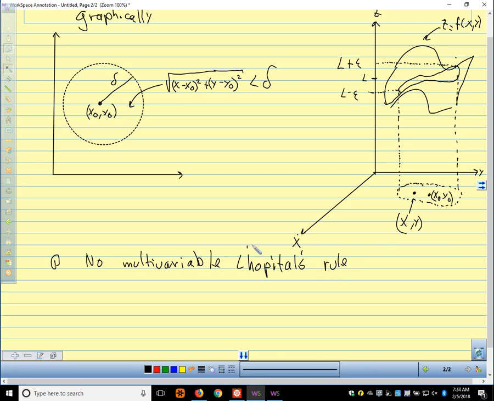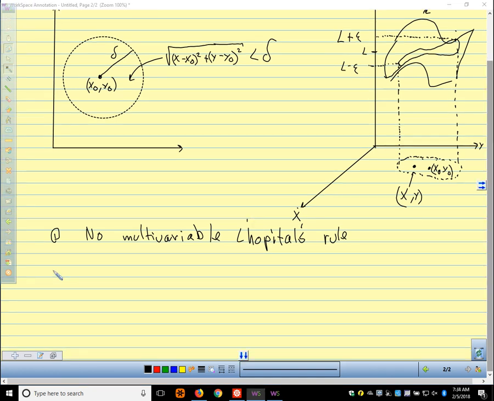So you can't just take derivatives to find your limits. Sometimes you can make a substitution and turn your multivariable function into a single variable function. You could substitute x squared plus y squared equals r squared, and then use L'Hopital's rule. But in general, there's not a L'Hopital's rule for a multivariable function. So be aware of that. Students always want to use L'Hopital's with multivariable functions, and there is not a L'Hopital's rule.